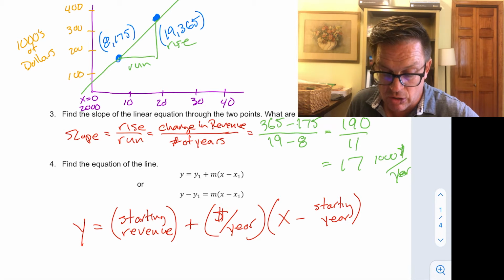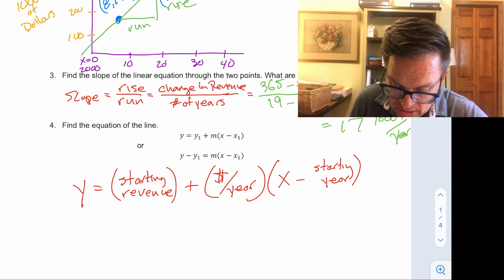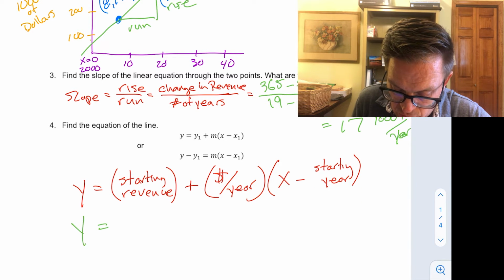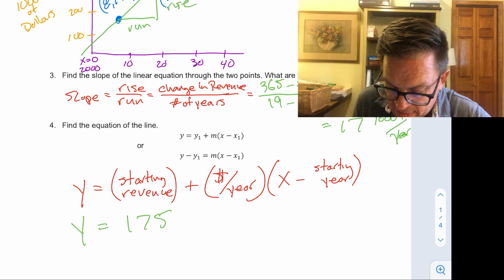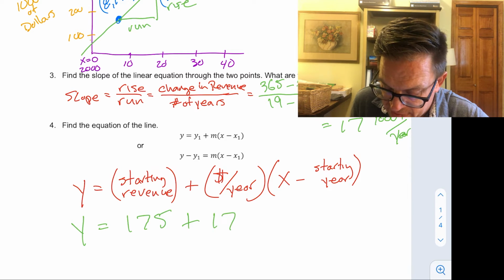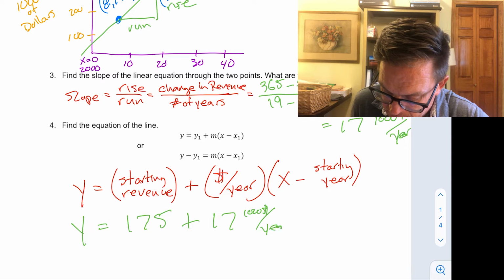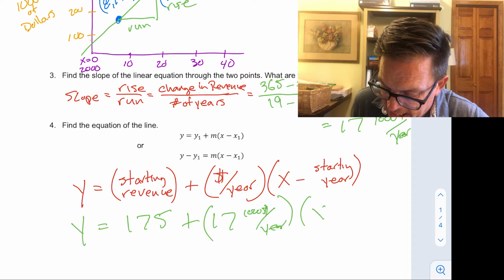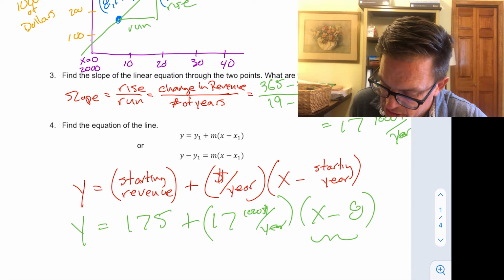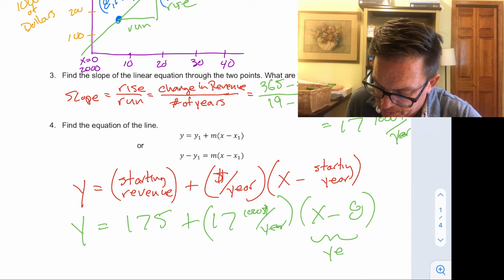So if we use the 175, then my revenue is 175 plus $17,000 per year times x minus 8, which is the years since my start.